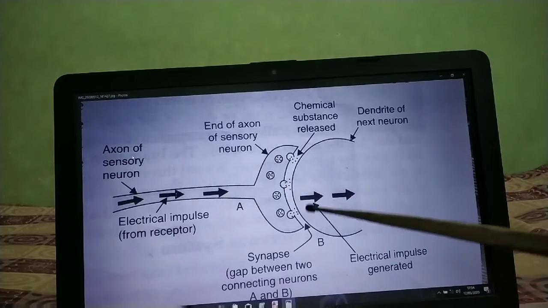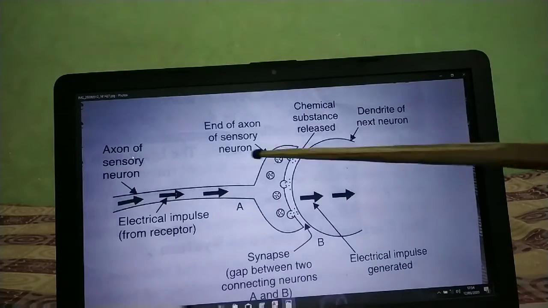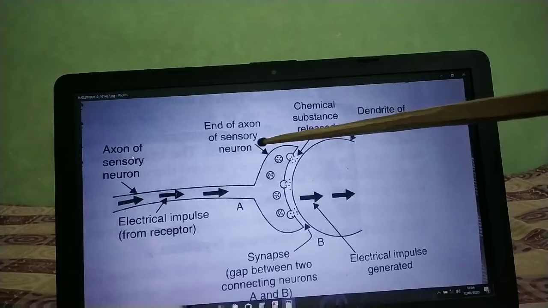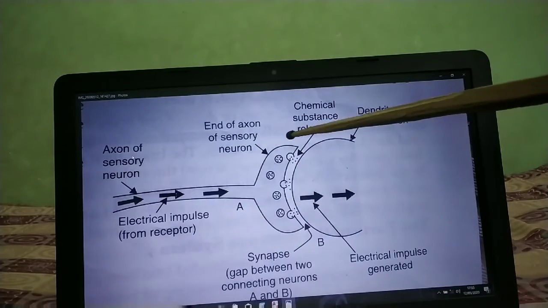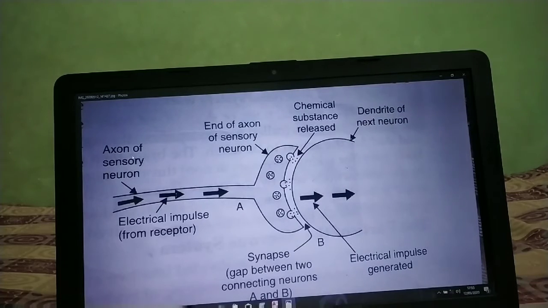First of all, the axon of a sensory neuron reaches its end. After that, whatever chemical substances are released here are then transferred to the next neuron. In this way, the message is transmitted from one neuron to the next.